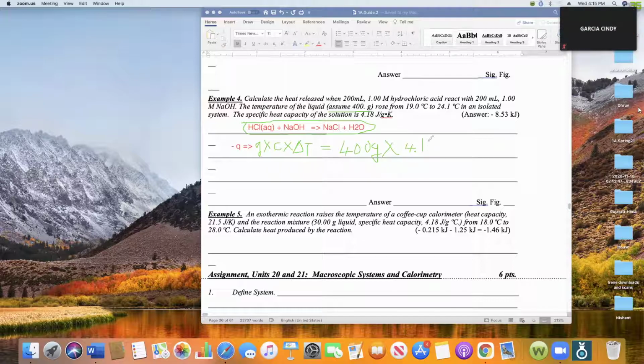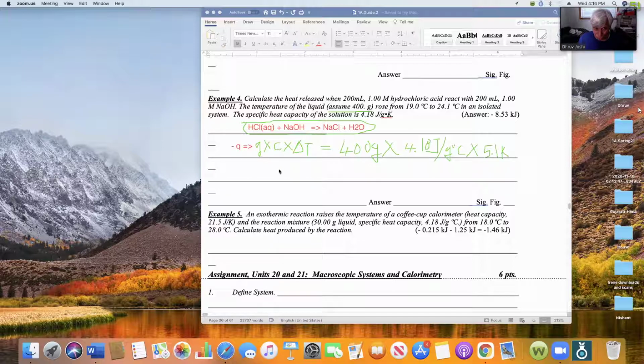Please, please, please always write your units. Multiplied with 19 to 24.1. So that's 5.1 K. Now be nice and cancel out your units.